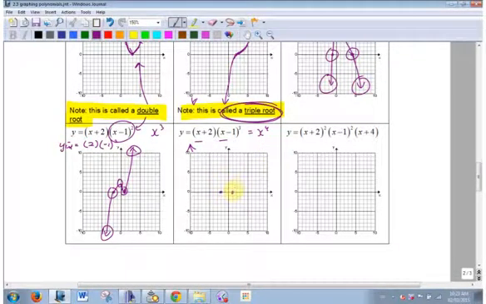Okay, so triple probably hits there and bounces off it and then goes up. But where is my y-intercept? Two times -1 times -1 times -1 is -2.